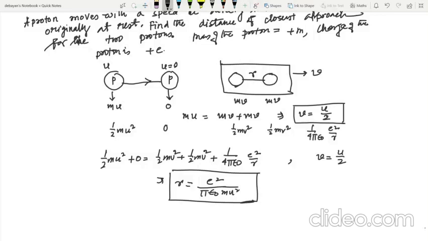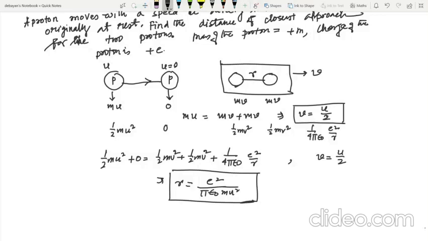Point charges plus q and minus 2q are placed at points A and B, so that every point on the spherical surface is at zero potential.